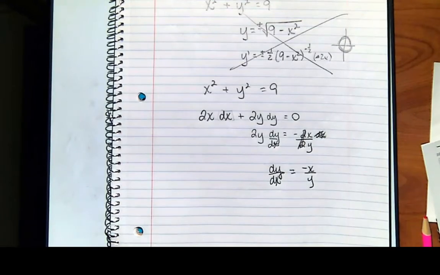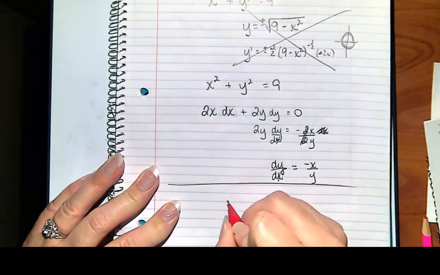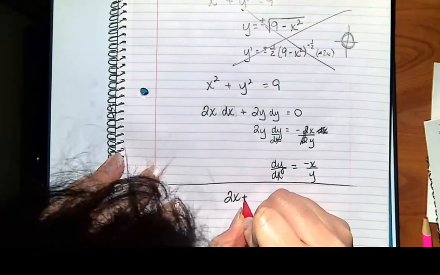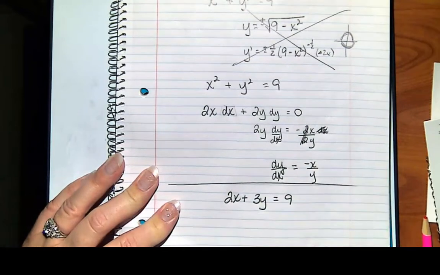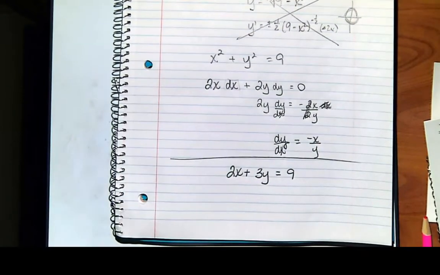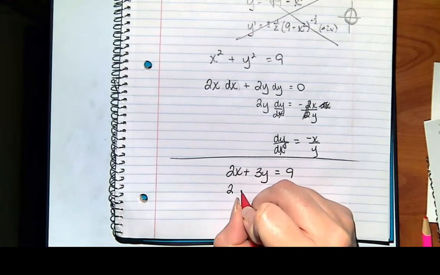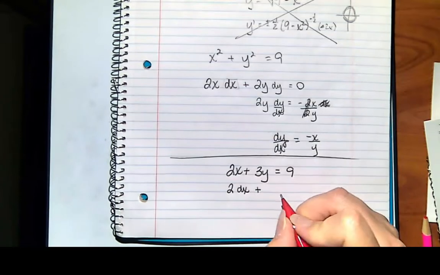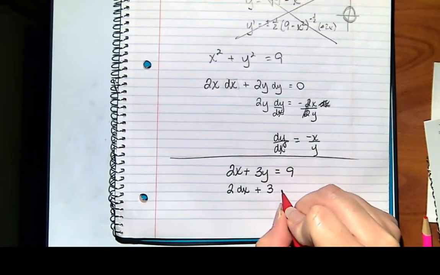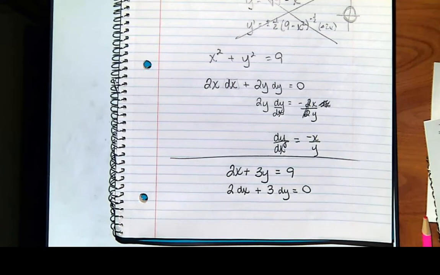So, that being said, problem number 1 in 12.4 says I have 2x plus 3y is 9. Okay? So I'm going to use implicit differentiation to find this. So the derivative of 2x is 2 dx. The derivative of 3y is 3 dy, and that's going to equal 0.